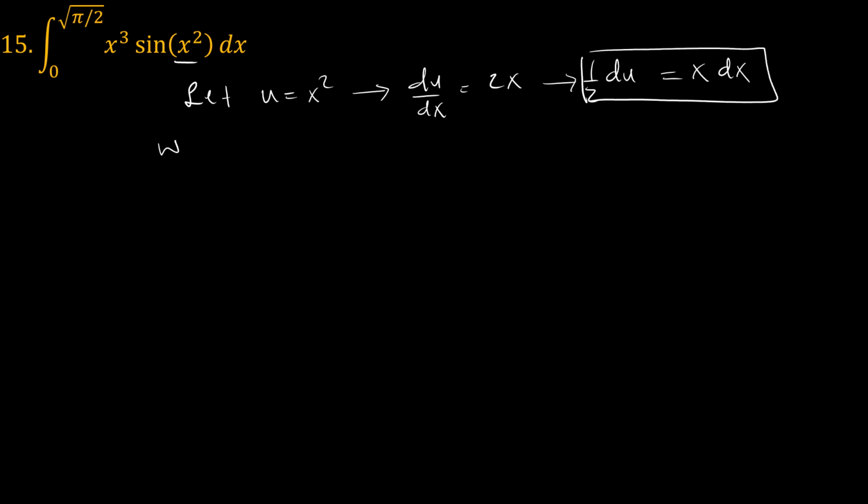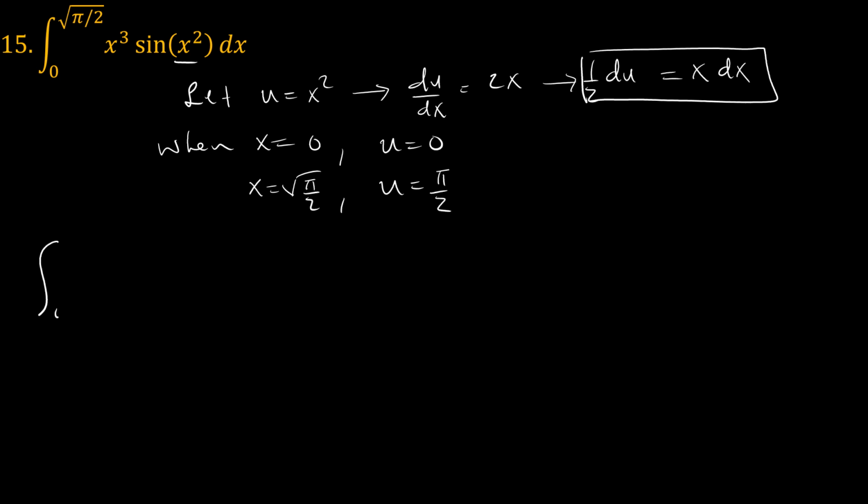And so when x equals 0, u is 0, and when x equals the square root of pi over 2, u is equal to pi over 2.